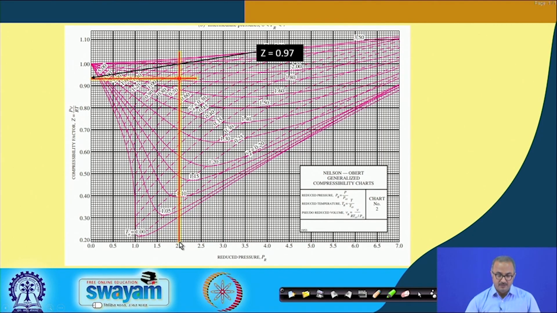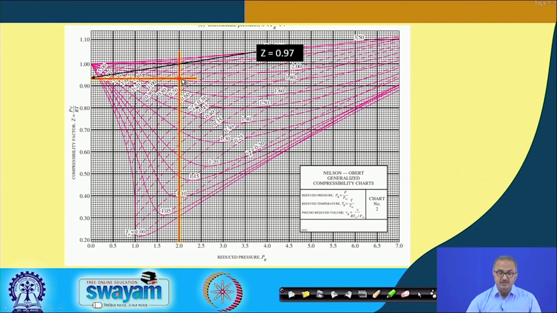So we first locate the reduced pressure on the x axis and then move vertically up, and then we try to locate the reduced temperature. To locate this reduced temperature point, please understand that you may have to interpolate between two curves.